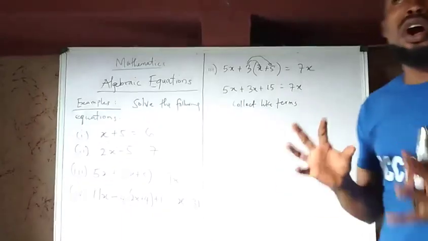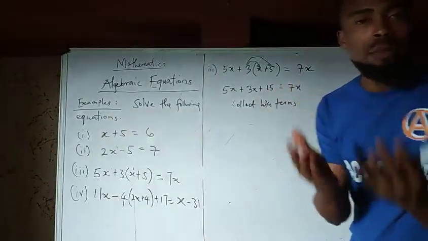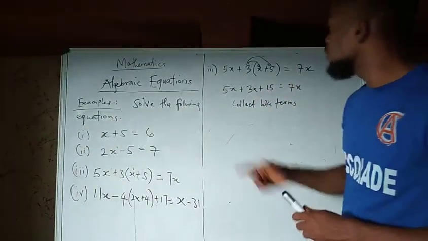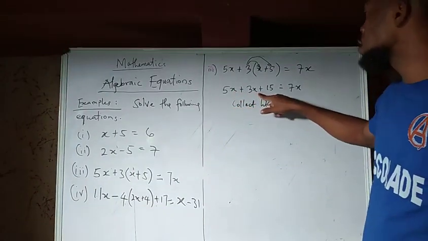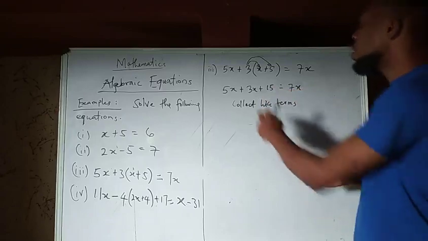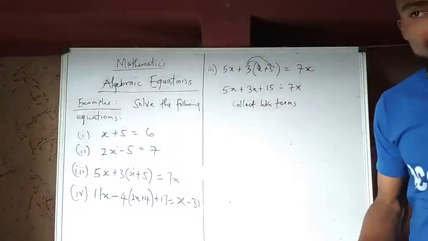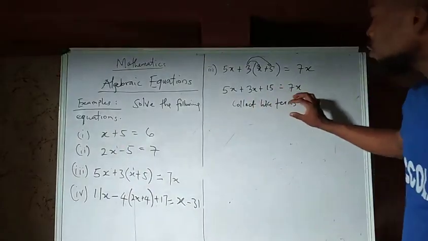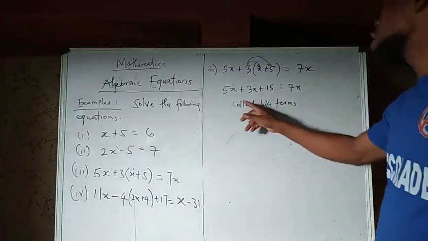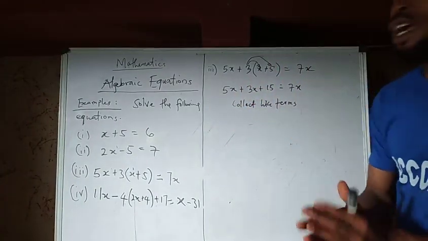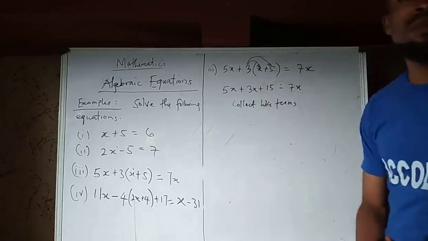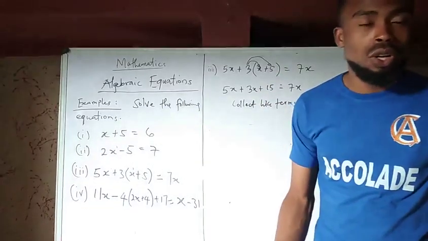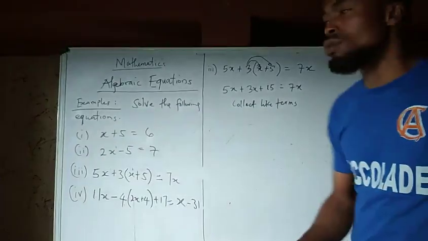What that means is that all the variable terms, and I said x is a variable, so all the terms containing the variables, is what we call the variable terms. All the variable terms will be on one side, and the other term that does not contain the variable is called a constant term. So it has to be on one side too of the equation.